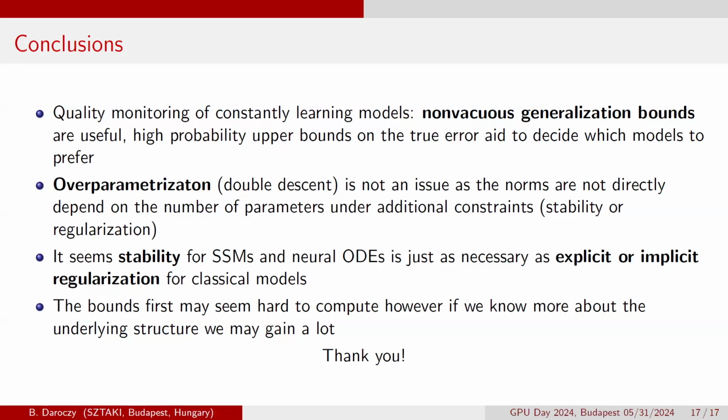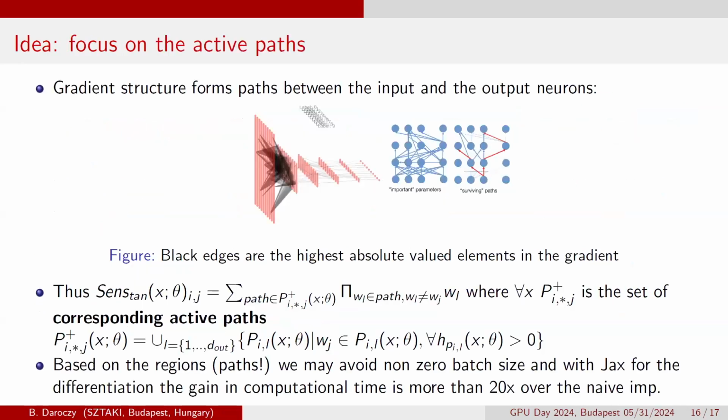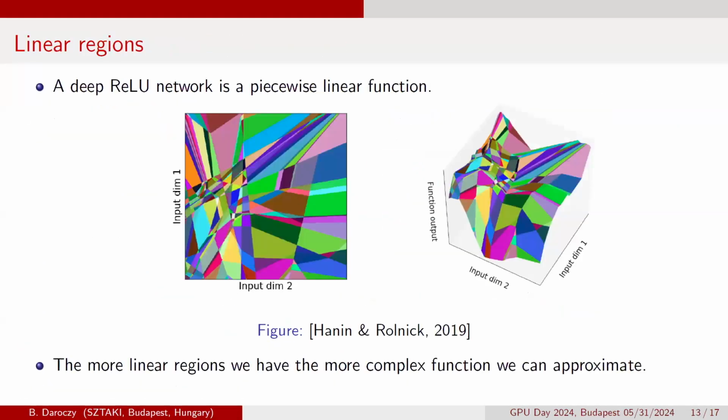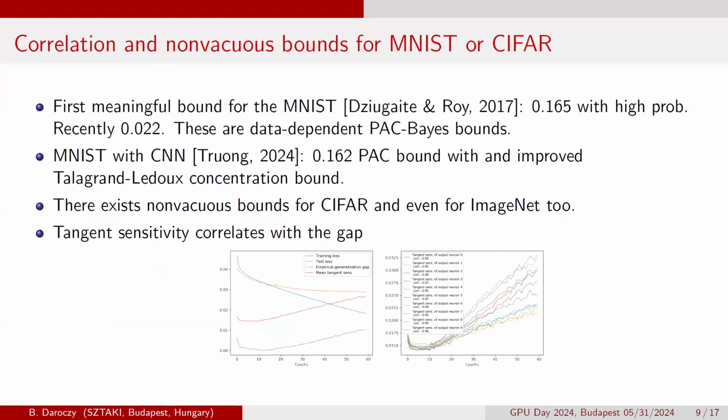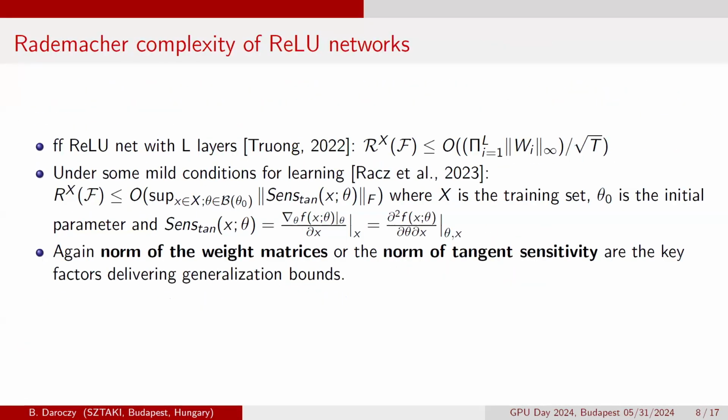A technical question: you have shown a formula where the upper bound of the R is the product of the norms of the weights. Does it mean that it's a good idea to normalize all the weights or the layers to one? That's what we are doing. Okay.